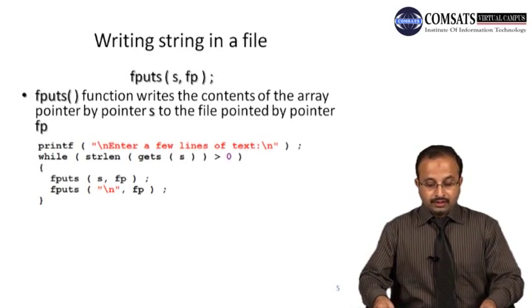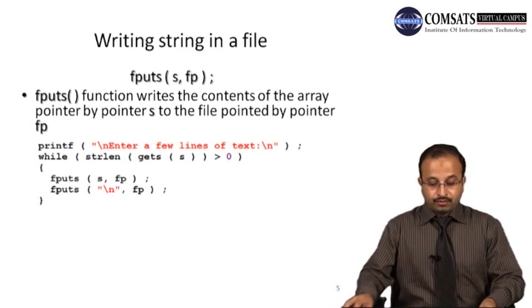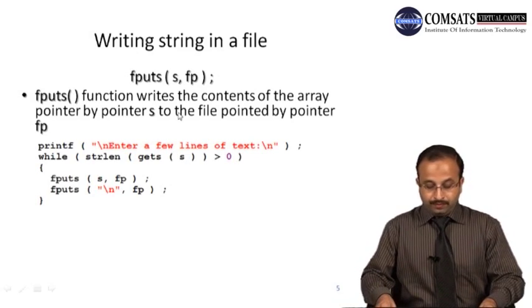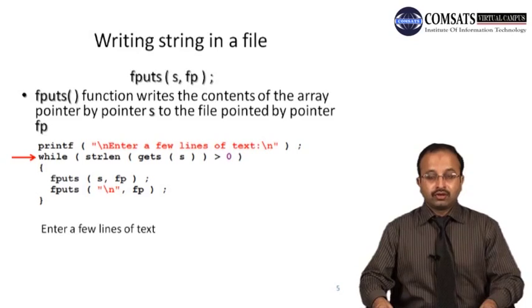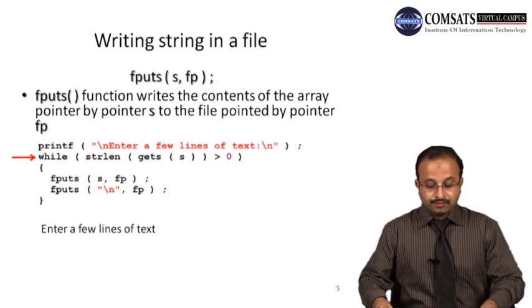This is a small portion of the program. When this line is executed, we have a message, enter a few lines of text, then it comes into the while loop. Now in the while loop there is a function called gets. You are familiar with this function. That function is used to take a multi-word string input from the user, or a single word string.